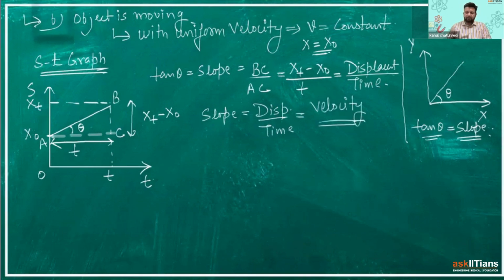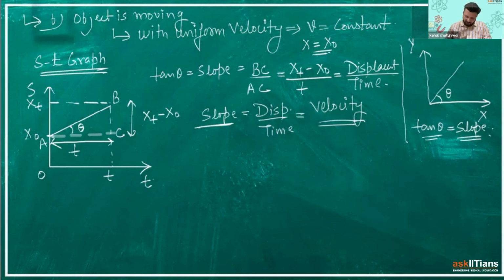So in the case when the object is moving with uniform velocity, the slope of the graph gives you the value of velocity, right? In the xt graph, we have considered uniform velocity, that means v is equal to constant.